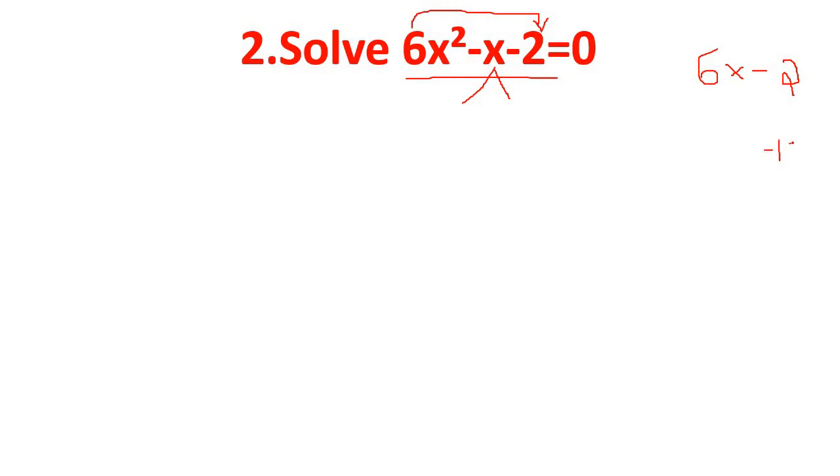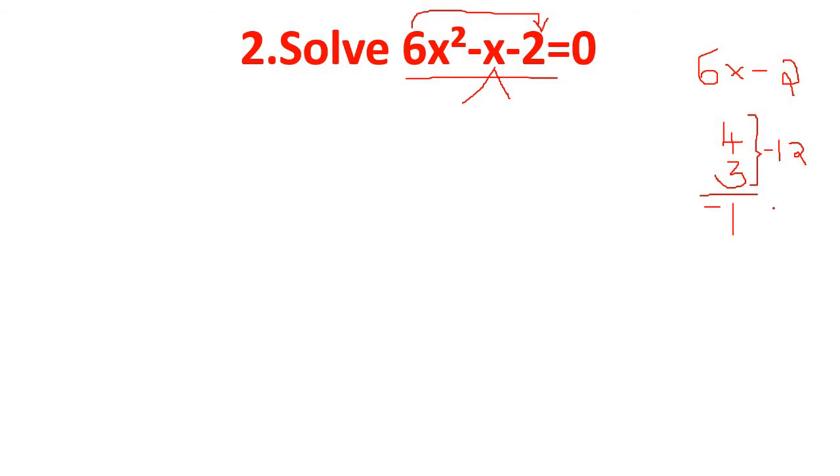So we have to get minus 12. How to get minus 12? Which are the factors? Let us take 4 and 3, as 4 threes are 12. Here we have to get minus, and while adding we have to get minus 1.